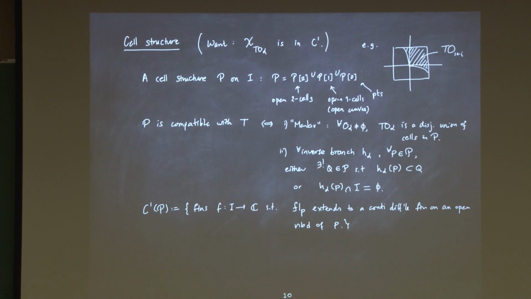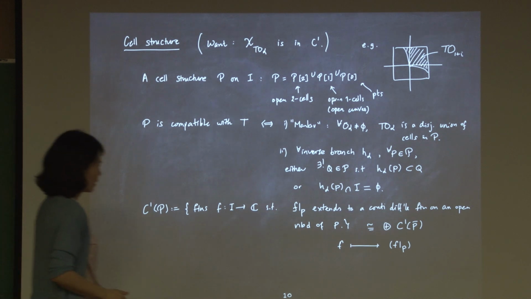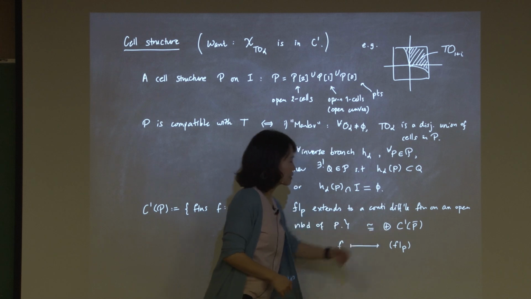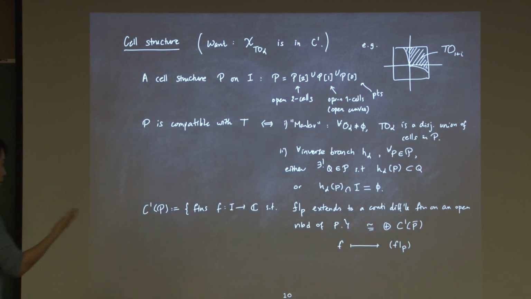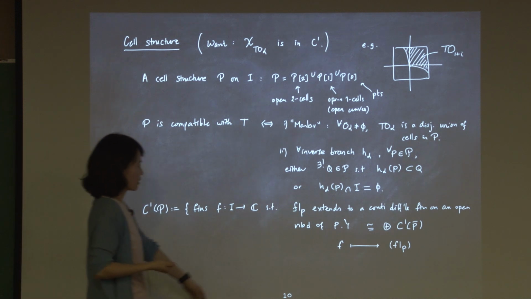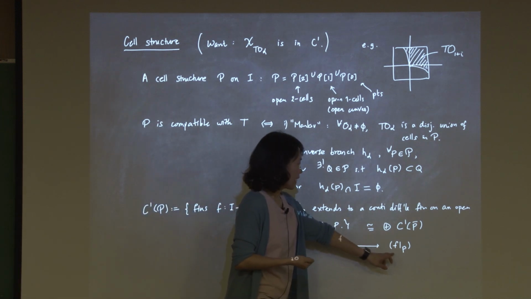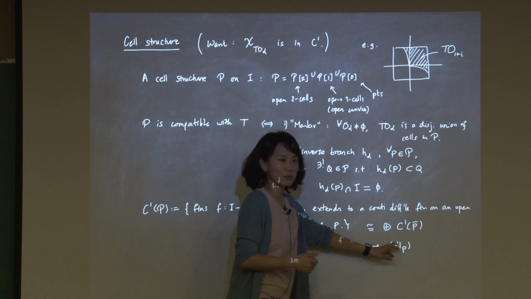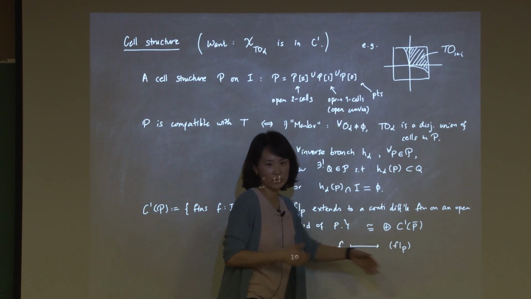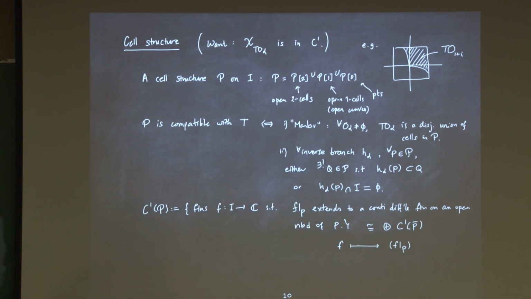That's the space of functions we will be playing on. You can think of it as the direct sum of C1 of the closure of P: a function is finitely many tuples of C1 functions on each of the cells we just defined.